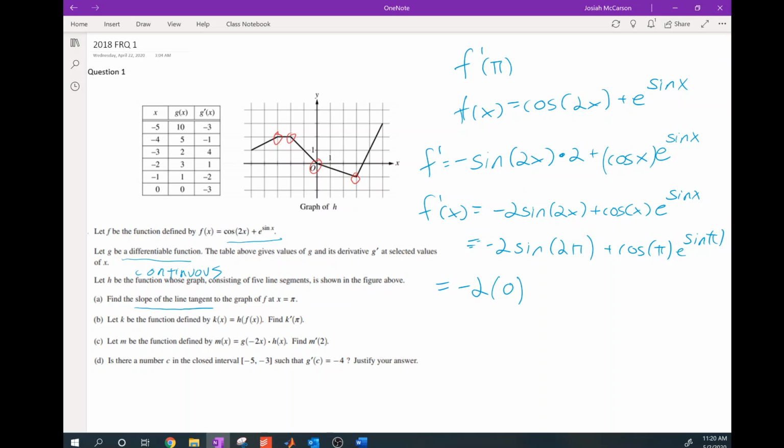If you don't remember your unit circle, you can always put them in calculators. Just make sure you remember your degrees and radians modes. Cosine of pi is negative 1. E to the sine of pi is e to the 0, and anything to the 0 is 1. So we get 0 plus negative 1, and you'll just get negative 1. That's our final answer. So we can see that f prime of pi equals negative 1.